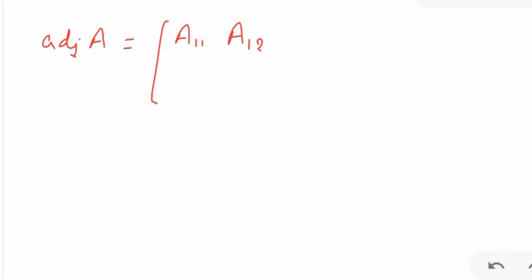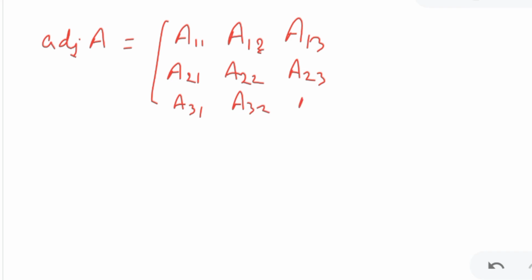Then A12, A13, A21, A22, A23, A31, A32, A33. After finding this, you will also do the transpose. Transpose means interchanging the rows and columns.